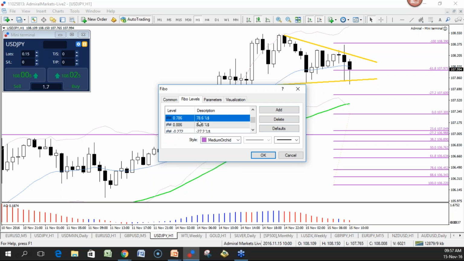Then in the description, I write 78.6, a space, and behind all of them, I have a percent sign and a dollar sign. That adds the value of the currency pair behind the fib. What I also did was add some minus levels for targets, minus 0.272, minus 0.618.